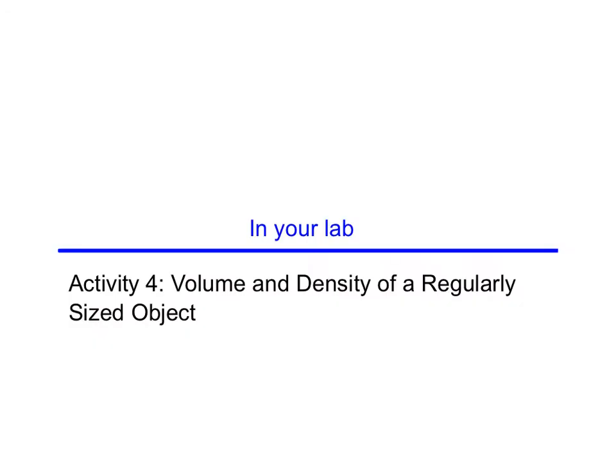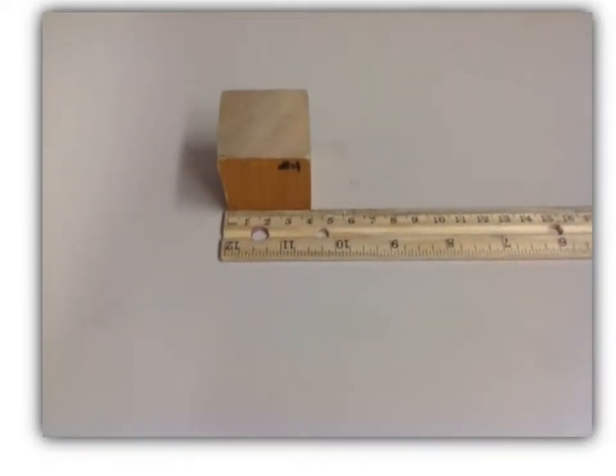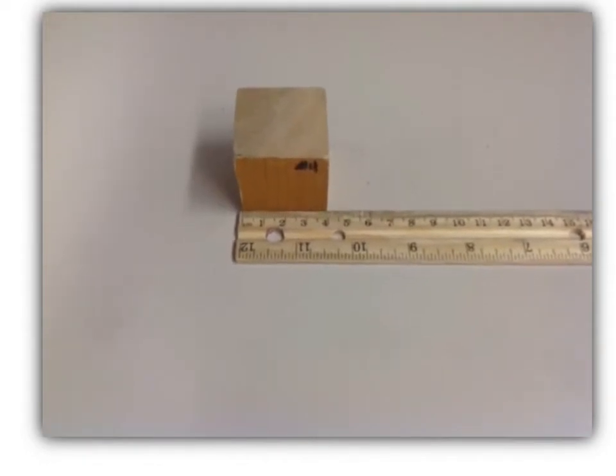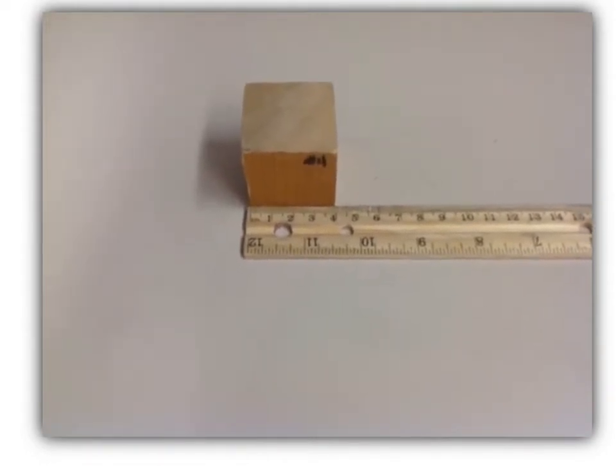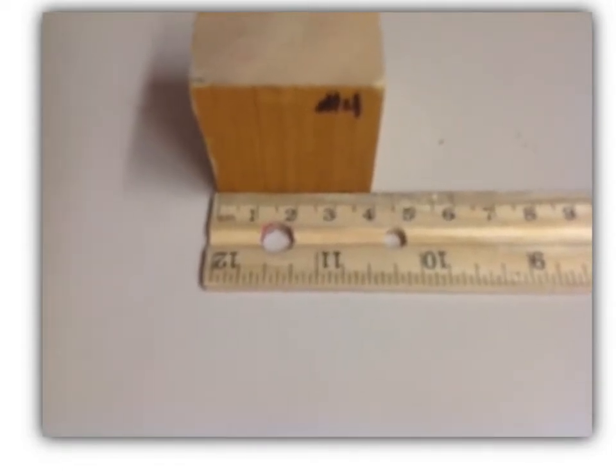We are now going to begin activity 4 of our measurement lab, measuring and calculating the density of a regularly sized object. For this activity, we will be finding the volume of a cube. Please record the length of this cube and use your knowledge of finding volume of a cube to solve for the volume of this.